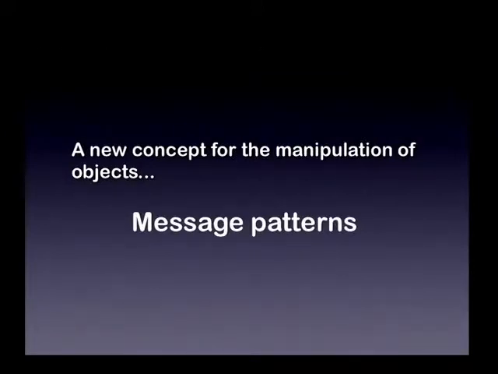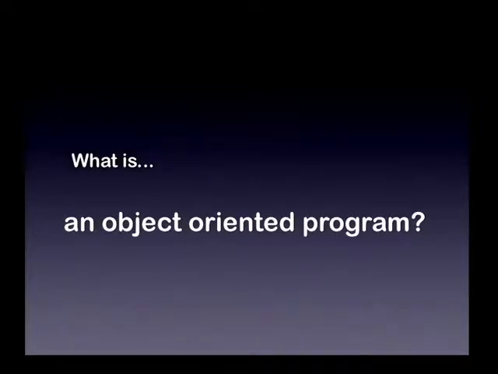This model introduces a new concept for the manipulation of objects, called message pattern. So first, what is an object-oriented program? We can see an object-oriented program as a specification of which messages are sent to which objects.